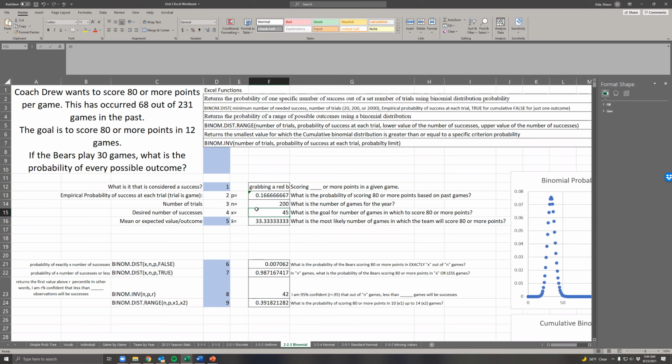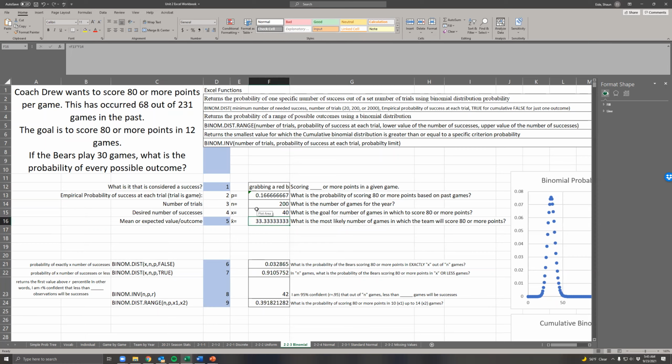First of all, I want to grab a red ball at least 40 times out of 200 trials.